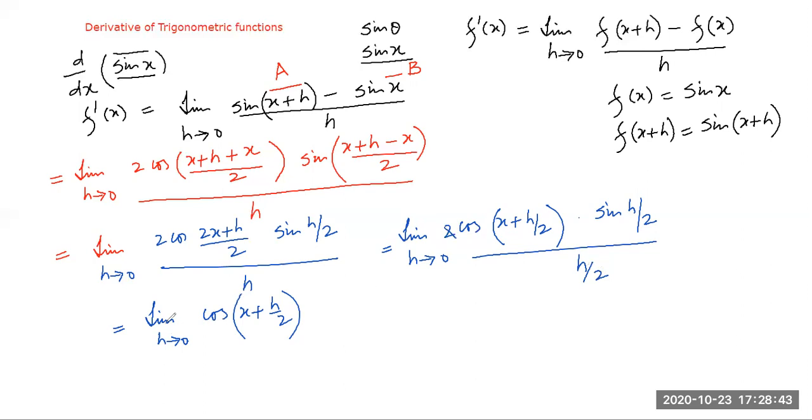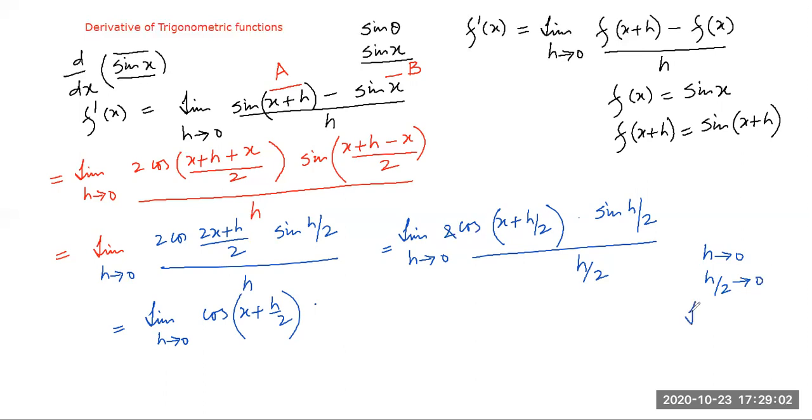So this will be limit h approaches 0 of cos(x plus h/2), into, see guys, when h approaches 0, h by 2 also approaches 0.